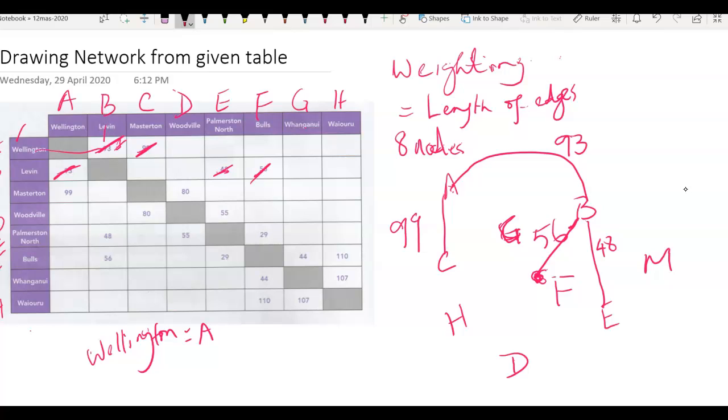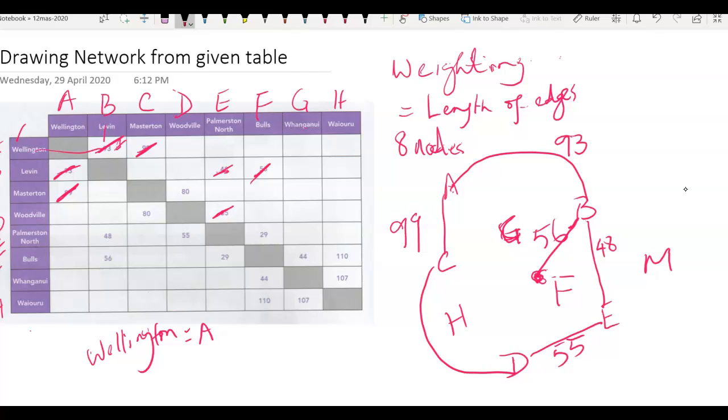Wellington and Masterton is C, and Wellington to Masterton is looked after. Masterton is C, and D is Woodville. So D and E, still no crossover, which is good. D and E is 55. And now I need to go for D and C. Have I done it? No, I haven't done it.